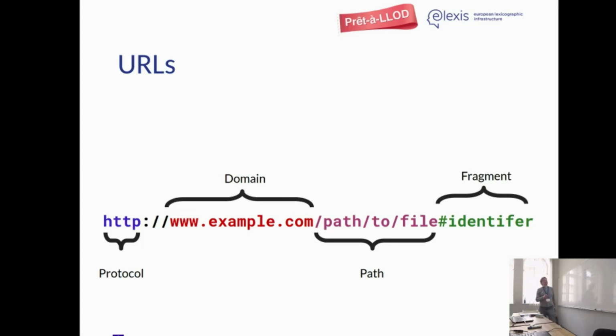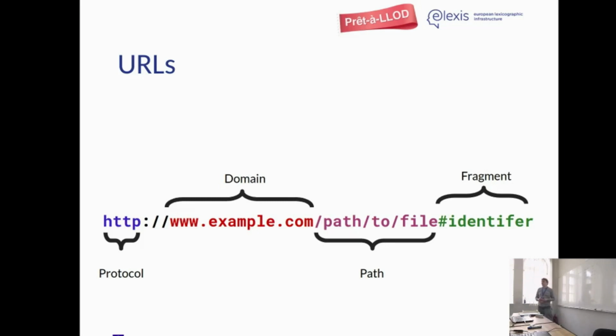Next we have the domain. The domain indicates which computer we're talking to. So this is who actually owns the site that is hosting the data. It doesn't necessarily mean who owns the data, but at least who owns the site that hosts the data. And then we have this thing, which starts with a slash and goes up to either a hash or a question mark. And this is the path.